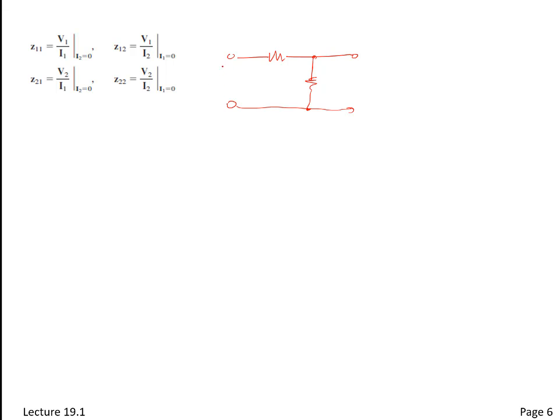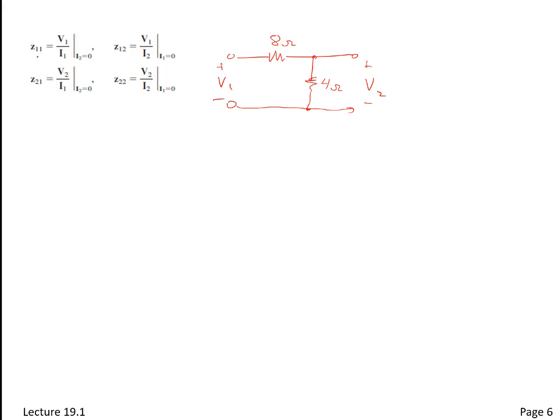If we put a voltage source here and we measured voltage here, this is just a voltage divider. We know that. I'm just going to pop in a couple of easy values, 8 ohms and 4 ohms. So let's find the Z parameters real quickly.